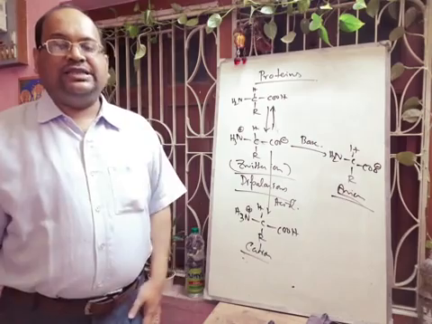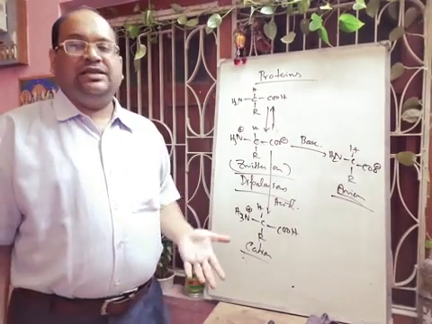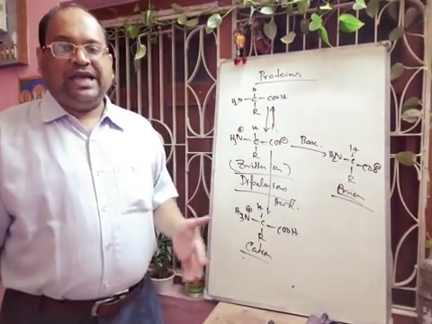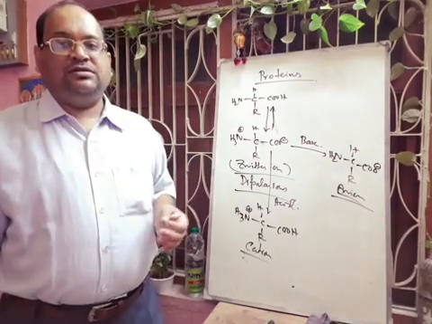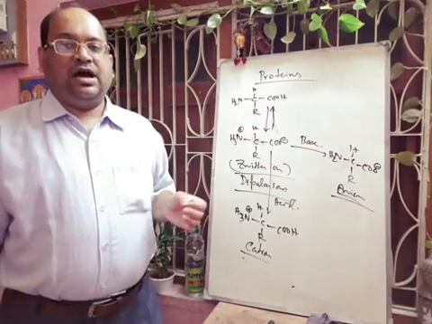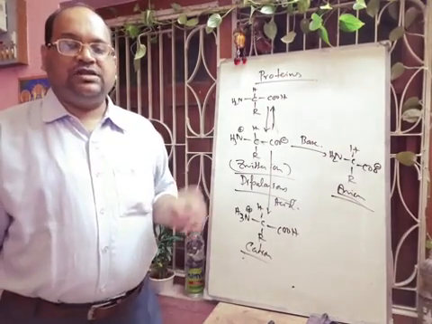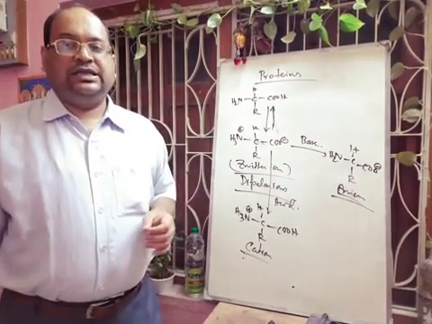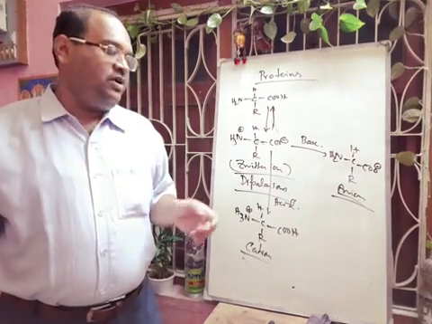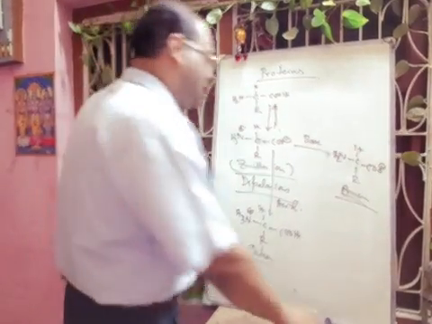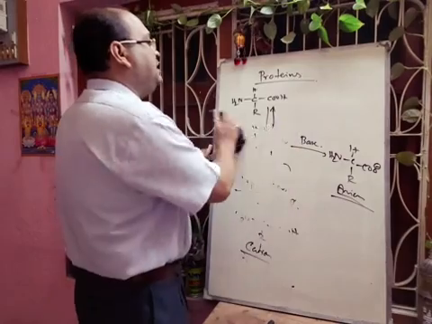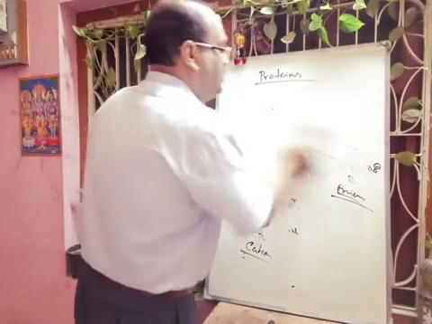For example, for glycine, when its pH value is 6.1, it will not move towards any electrode, and this is called the isoelectric point of glycine. Hope you can understand. So this isoelectric point is very important in case of amino acids.